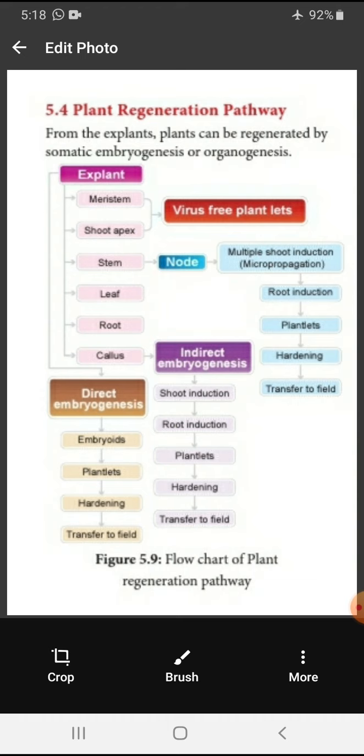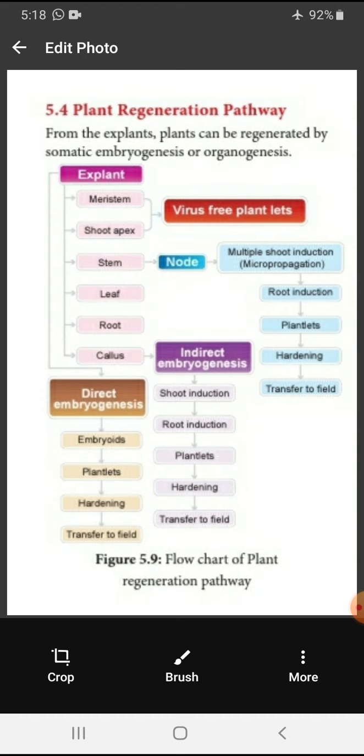From the callus we get new plantlets by indirect embryogenesis. Or otherwise, an explant that directly produces new plantlets is called direct embryogenesis. So here we are using the plant regeneration pathway. The explant is used for virus-free plantlets, then the node for the micropropagation method, then direct embryogenesis as well as indirect embryogenesis.